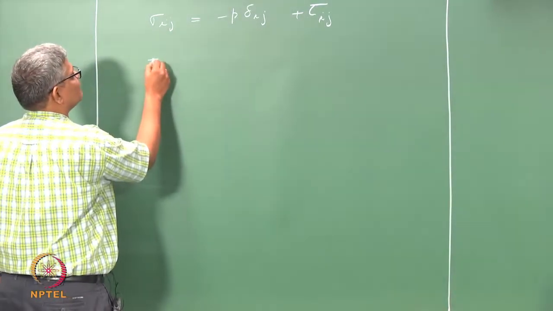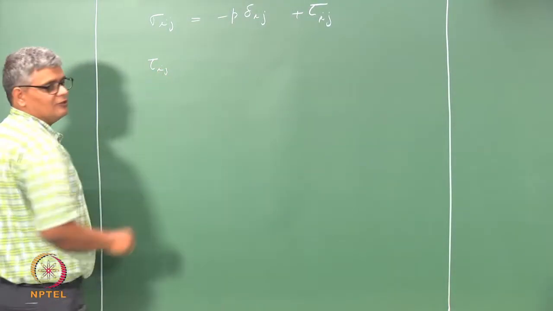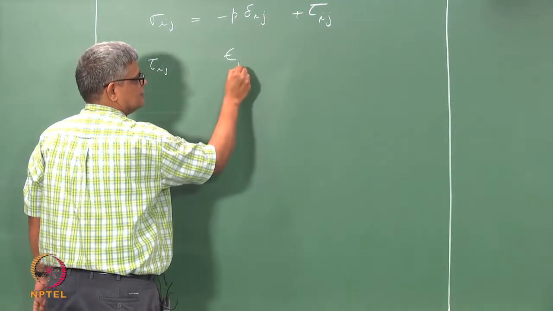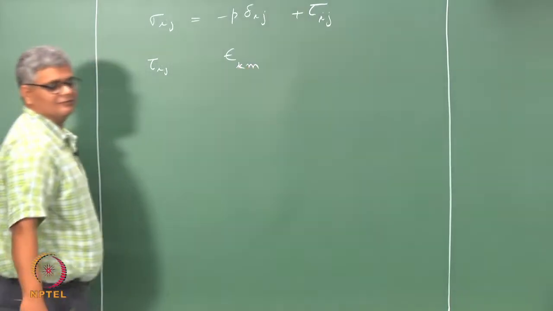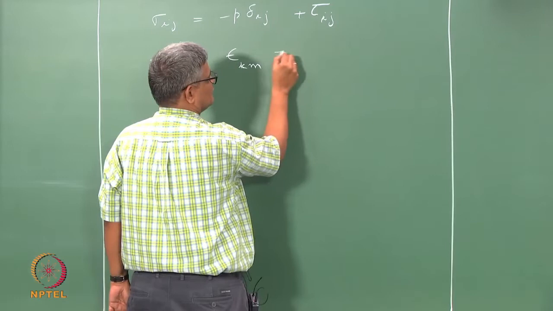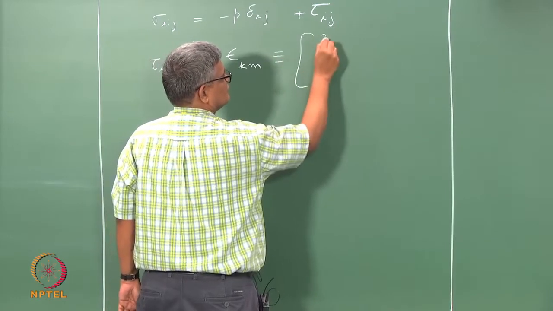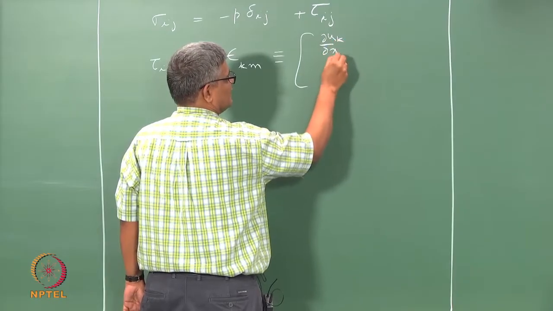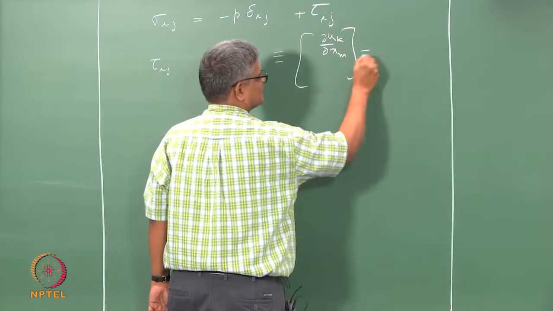And given that a relative motion produces strains, the strain rate is given by dou u k by dou x m in the general case.